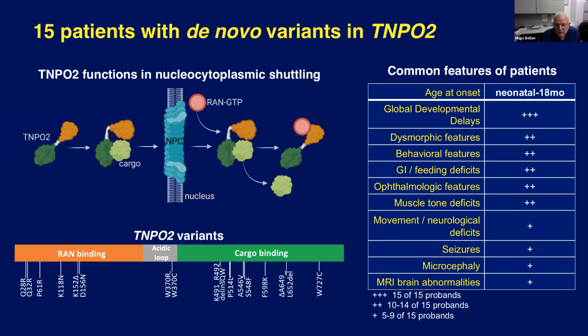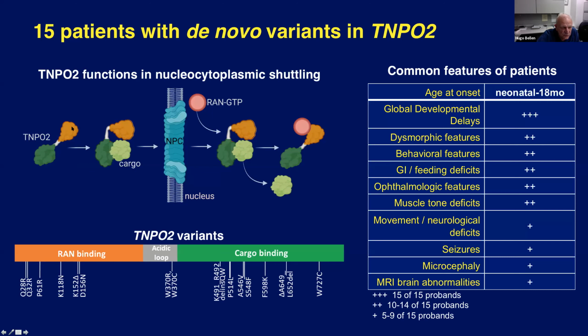So we started with one patient from Duke and then posted on GeneMatcher and Matchmaker Exchange, et cetera, and eventually identified 15 patients with de novo variants in TNPO2. These variants spread throughout the protein that is shown here. This protein is involved in the import of cargo into the nucleus.